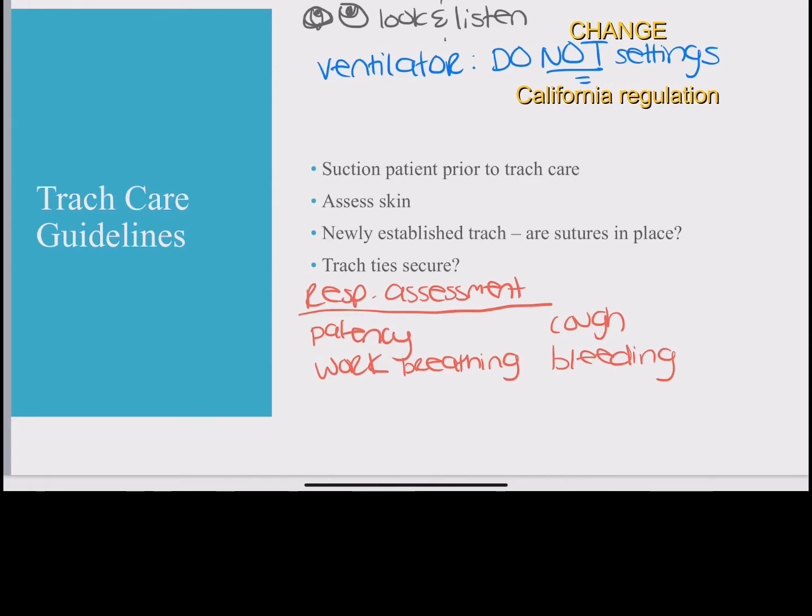Should anything happen to your patient because of the RN ventilator setting changes, it will come back to you, and basically that is harm to the patient, because that is not within our scope of practice.